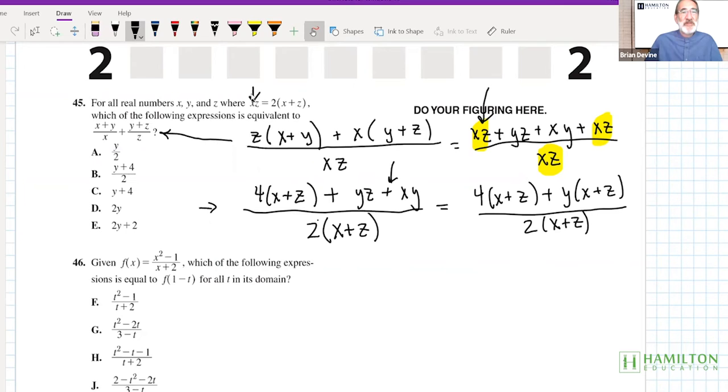Now, every term in the numerator has an x plus z, and there's an x plus z in the denominator term, so I can factor x plus z from both top and bottom, and I can see that this conforms to B, because I could rewrite this as y plus 4 over 2. So it was an algebra game, as I said, from the moment we started the problem.